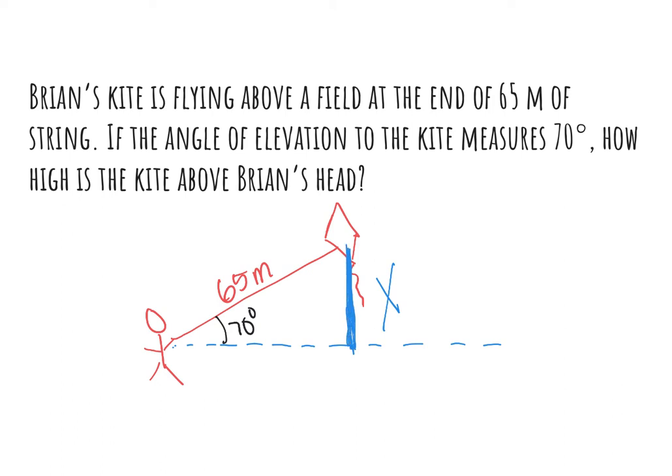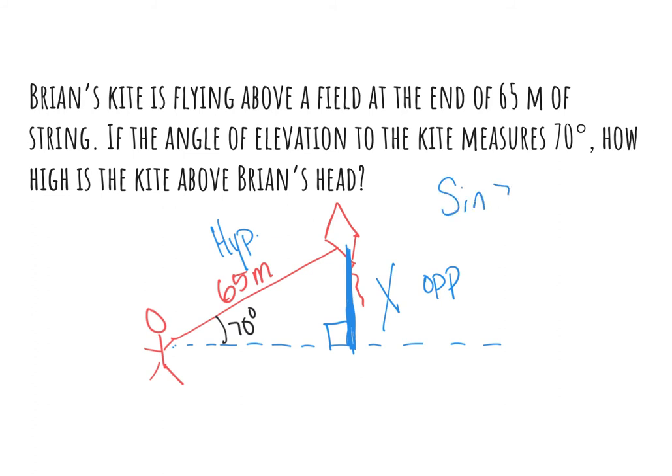And now that I drew this picture, I can use my solving triangle skills. Actually, you can use law of sines if you wanted to. I prefer to just use my trig ratios. So we have opposite side over hypotenuse. So I am going to use my sine function.